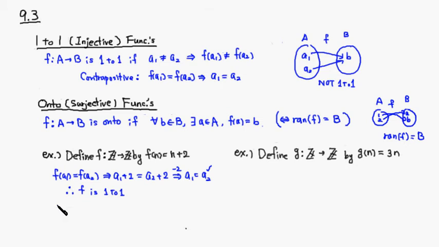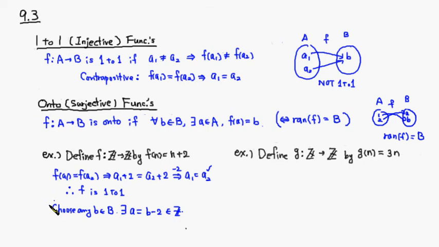All right, so let's check to see if this function is onto. We're going to choose any element B in set B, right? We have to make sure that there exists A. I'm going to let A be B minus 2. B minus 2 is still an integer, right? B is an integer, subtracting 2, still an integer.